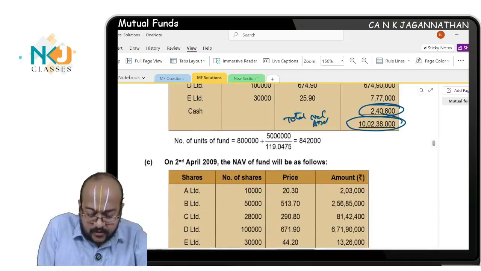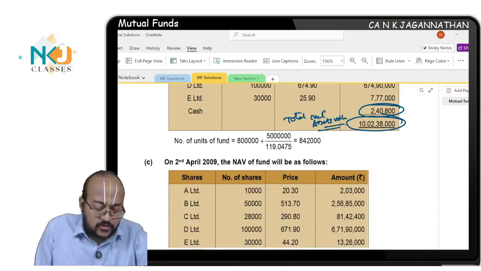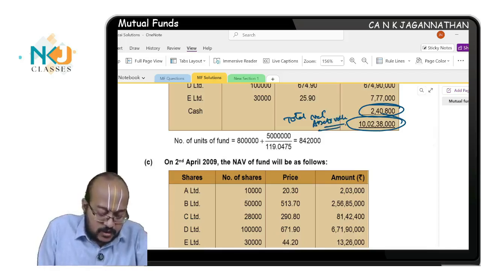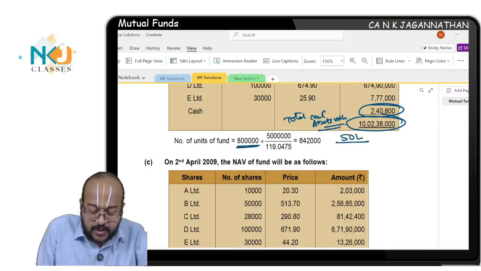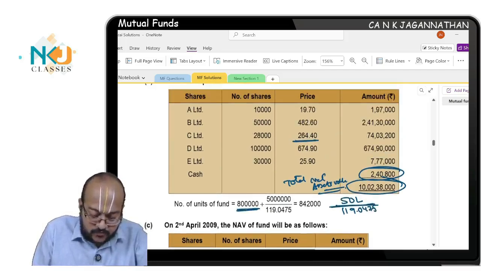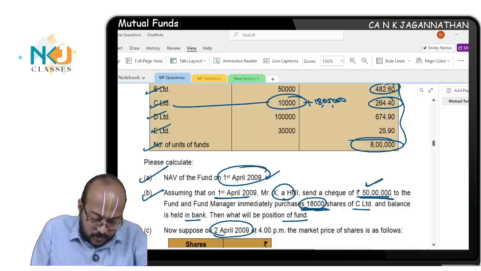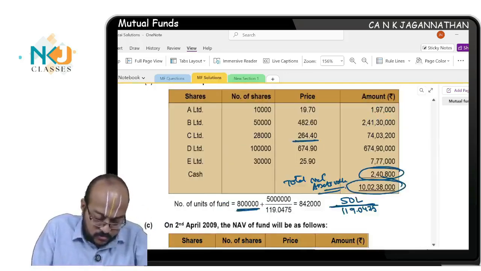And you have number of units outstanding. How to find it? Number of units, earlier 8 lakh units was there. New number of units: 50 lakhs the amount, divided by NAV 119.05, which we computed in step number 1.